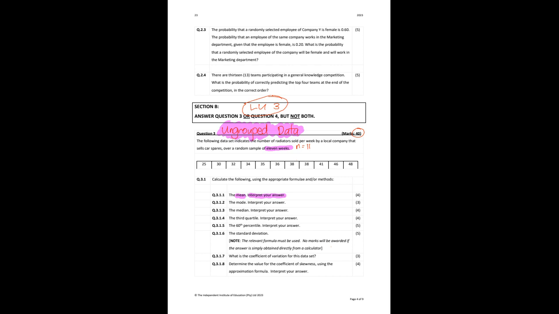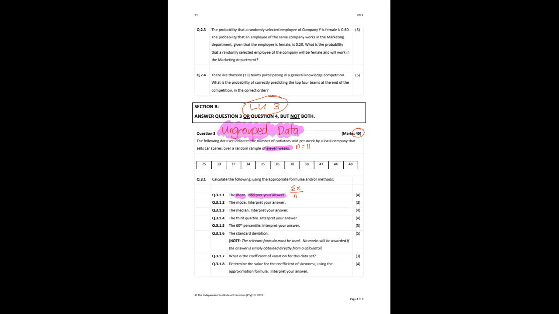So the mean is calculated as the sum of your values divided by the number of values that there are. So it's literally just summing up all of your values and dividing by n. When you're interpreting, remember your mean is your average. So here you were looking at the number of radiators sold per week, so it'll basically be the average number of radiators sold per week, dot, dot, dot.